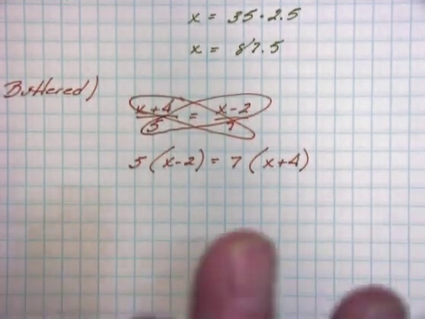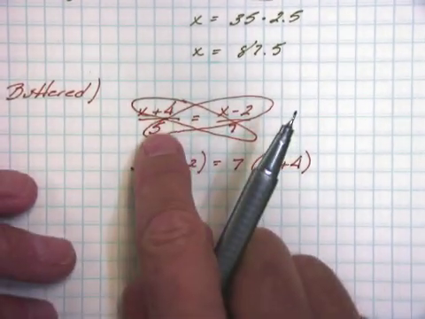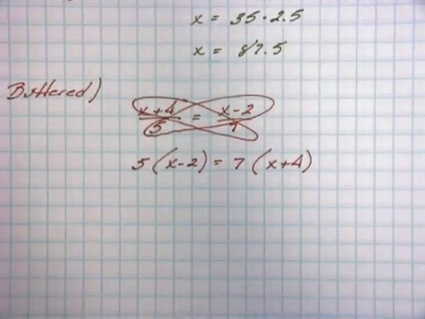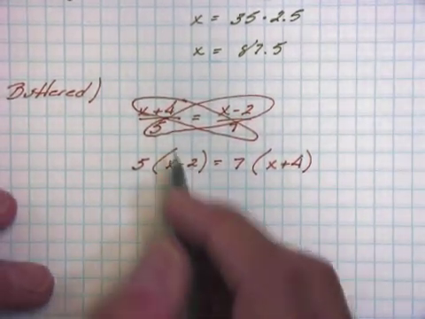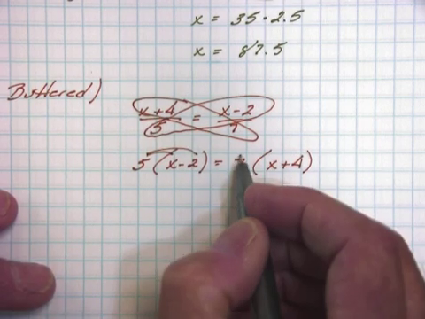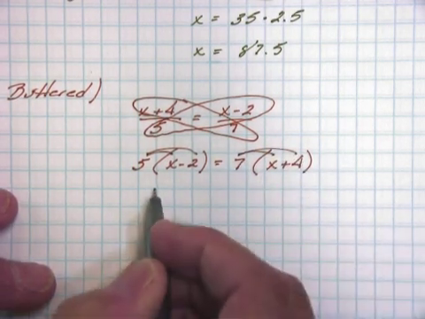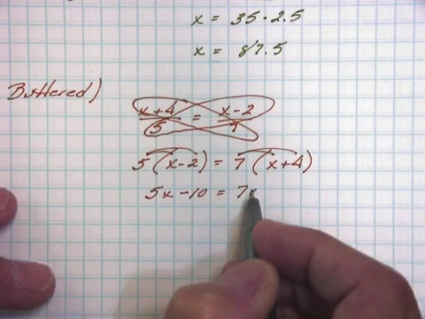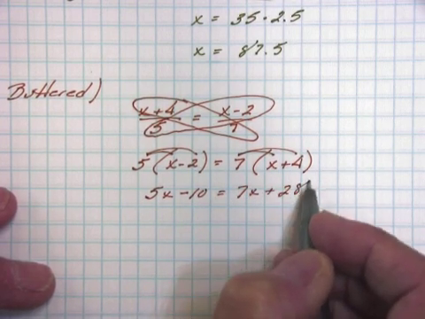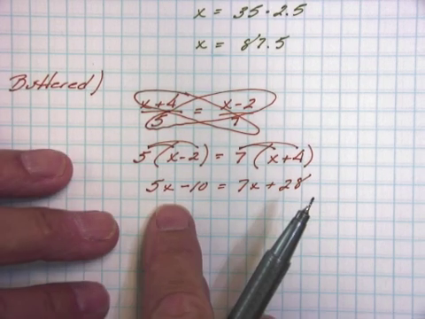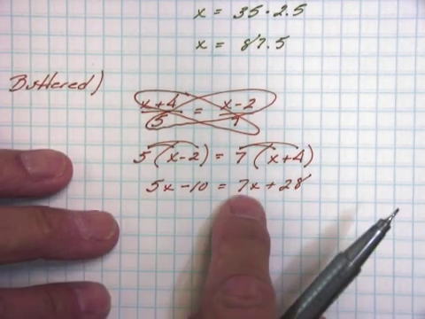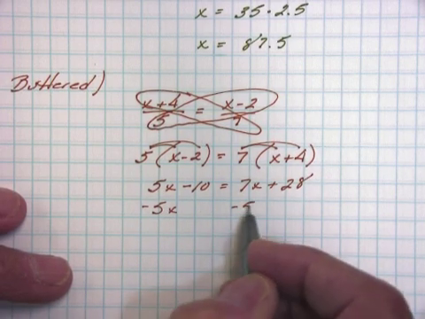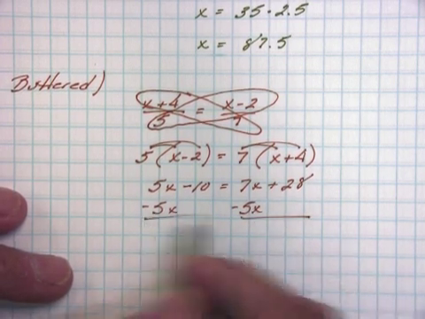So I've got 5 times x minus 2, note the use of the parentheses, equals 7 times x plus 4. All right? You got to use the parentheses because that 5 is being multiplied by both the x and the minus 2. All right, so you know what to do here at this point. You're going to distribute the 5 and you're going to distribute the 7. So you get 5x minus 10 equals 7x plus 28.